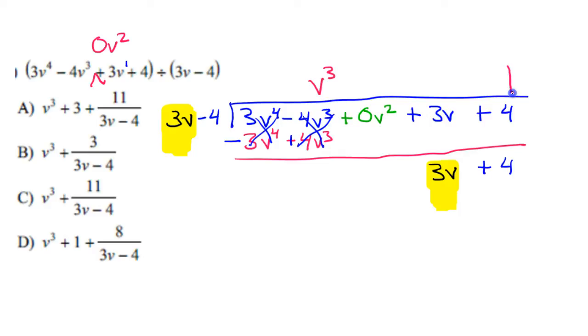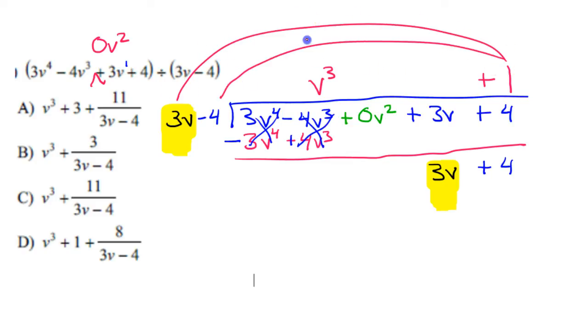So I'll put my 1 right here. Okay, and once you have that 1, then you do the distributive property with it. So 1 times 3v minus 4 will just be 3v minus 4.